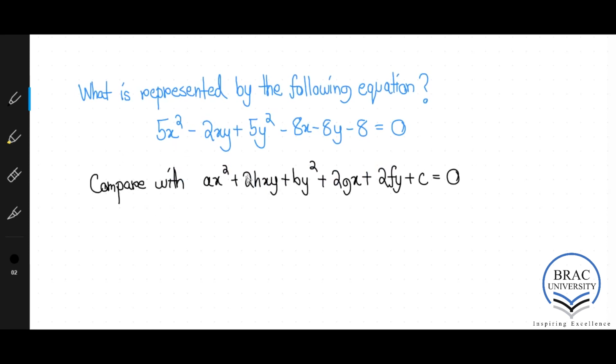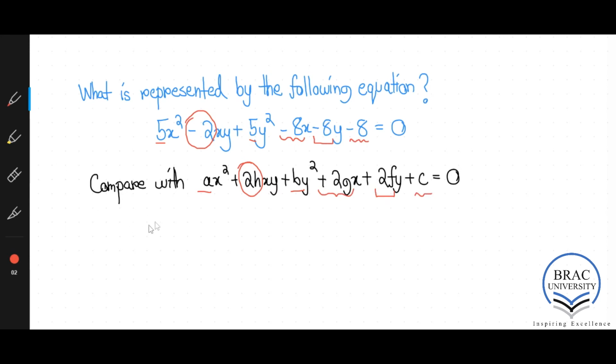The 2h is equal to this. The a is here, the b is here, the 2g is here. We have the 2f is equal to negative 8, and we have the c, which is negative 8.